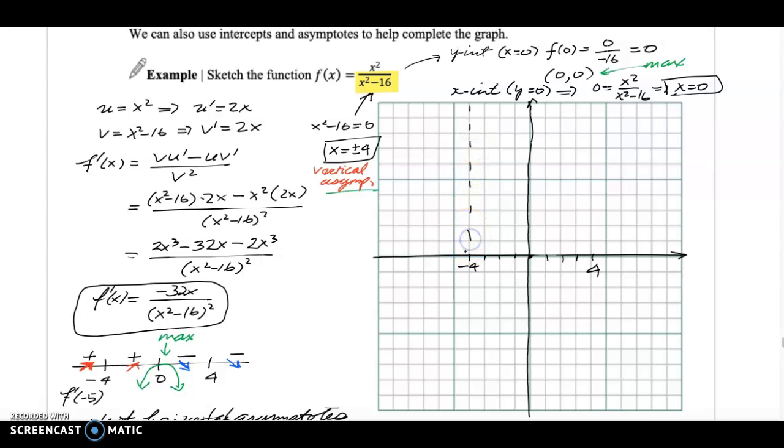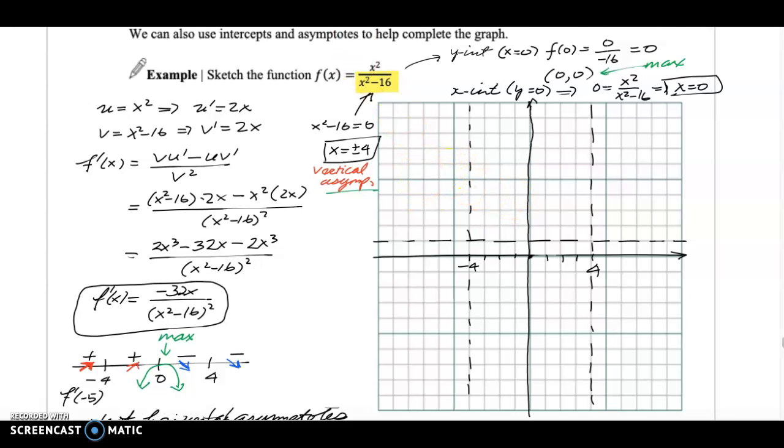So this is our vertical asymptote, and this is the other vertical asymptote. Okay, so we also know the horizontal asymptote, that's my 1, right?